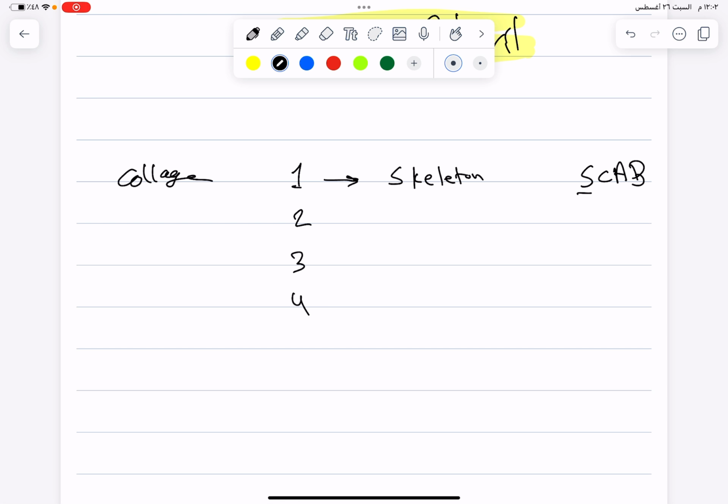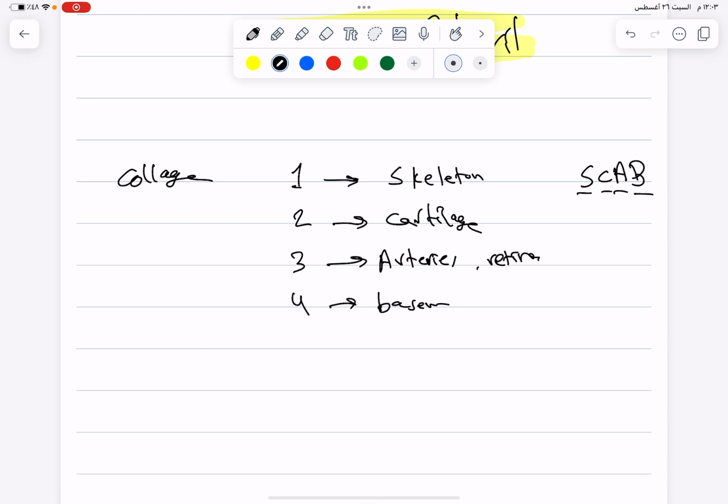C is cartilage, type 2 in cartilage, and also the nucleus pulposus of the intervertebral disc. A, type 3 in arteries, and also in the retina. And B, type 4 in the basement membrane.